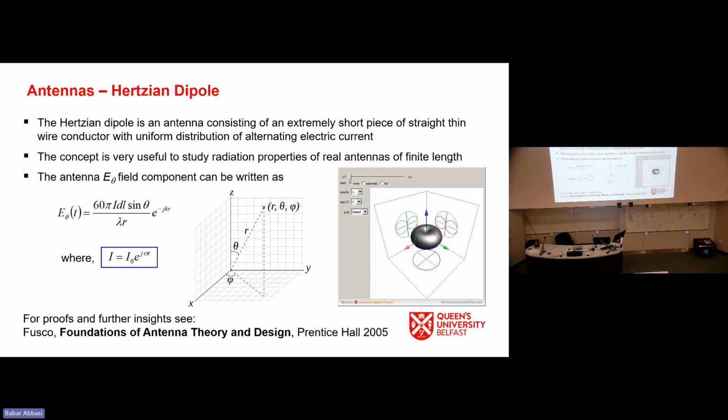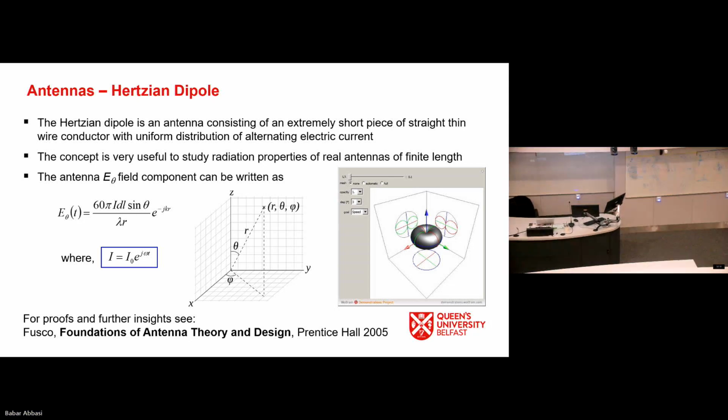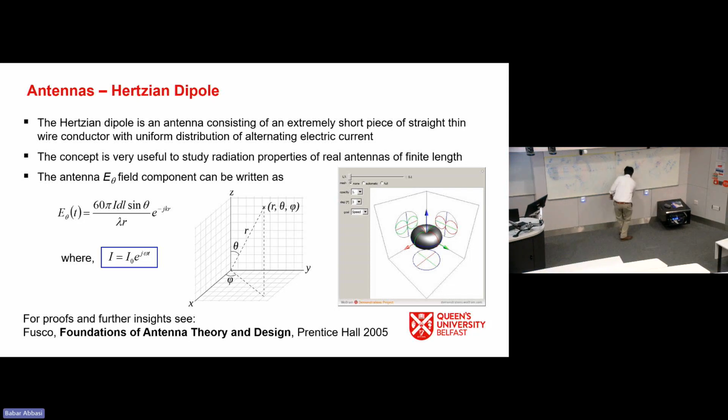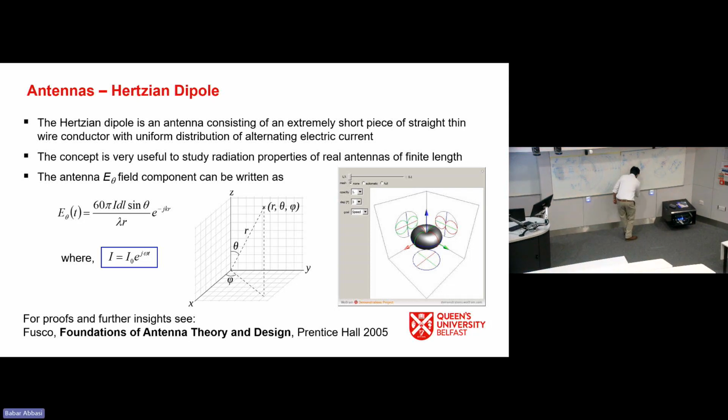How many of you have seen Euler's identity? You know about Euler's identity? Okay. So what is it exactly? e^(j omega t) would be equal to what? Cos, sine, something?